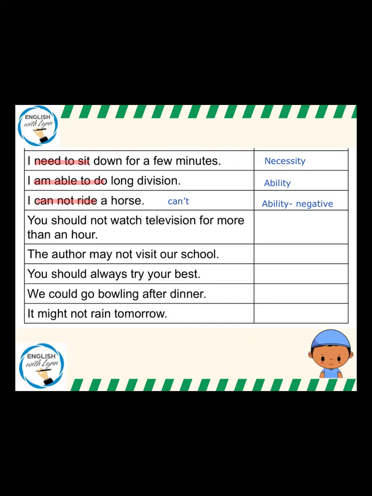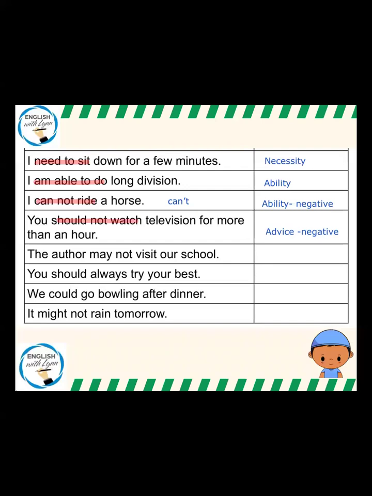So here, "you should not." That is again a negative. Because I've got should not, "you should not watch television for more than an hour," I'm giving advice. It's saying what you shouldn't do. So it is advice, but it is also in the negative form.